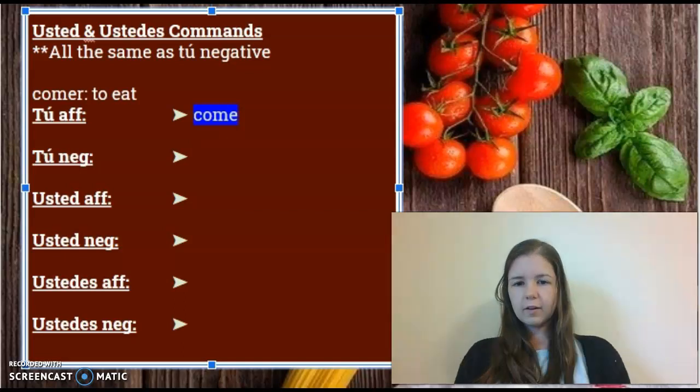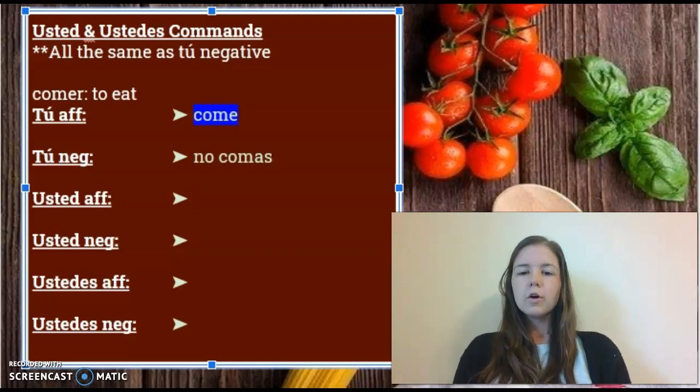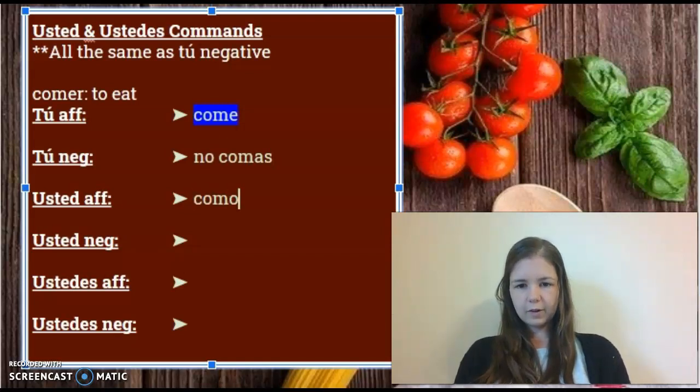The tú negative, I have my no, then I take my yo form, como, drop the o, opposite ending would be as, no comas, because it's a tú negative one. Usted affirmative, take my yo form, como, drop the o. The opposite ending for usted is an a because this is an ER verb.